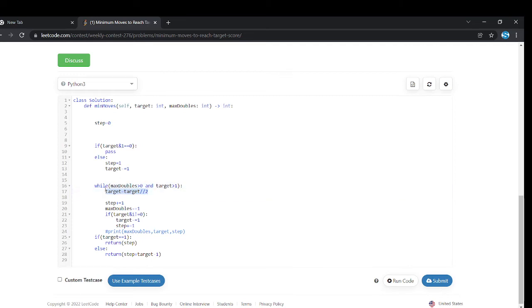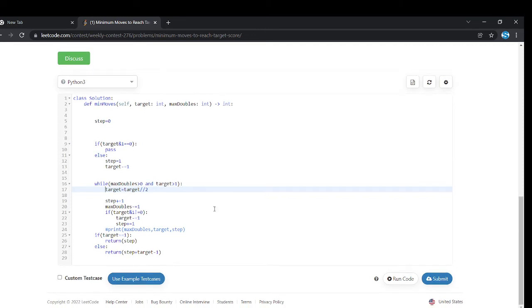So if there is 8, then 4, then 2, and so on. It would be the minimum of these two, which means whichever condition fails first. Either this one will fail or this one will fail, so it would be the minimum of these two.